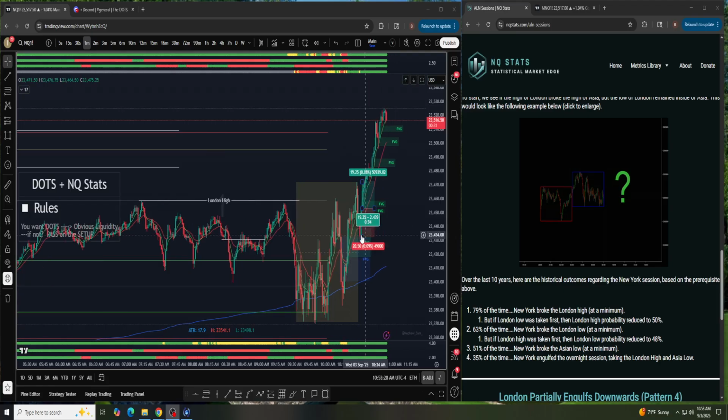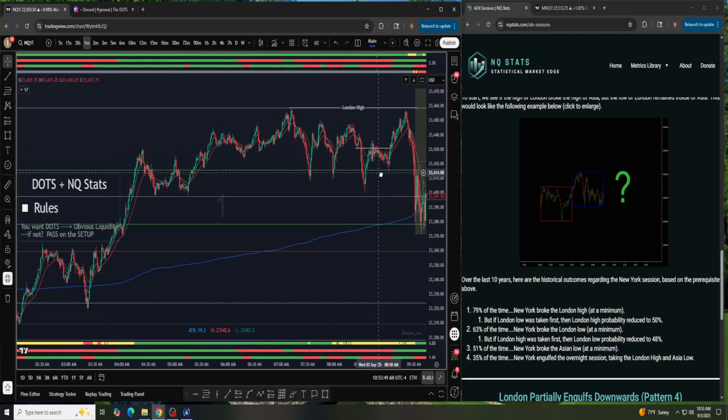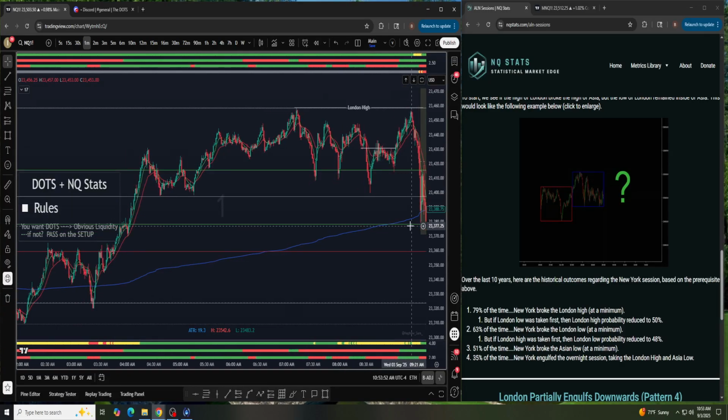I'm not going to draw it up, but this was the profile: London partially upward engulfing Asia. When this happens, 79% of the time, New York breaks the London high at minimum. Usually that means first.